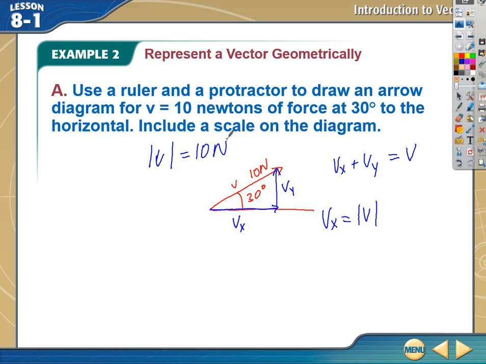And I need to know about this 30-degree measure. It's cosine of 30 degrees. And how do I find out what Vy is? Vy is the magnitude of V times sine of 30 degrees. Now again, that's not absolute value. That means magnitude in our vector world. And our magnitude here was 10 newtons.